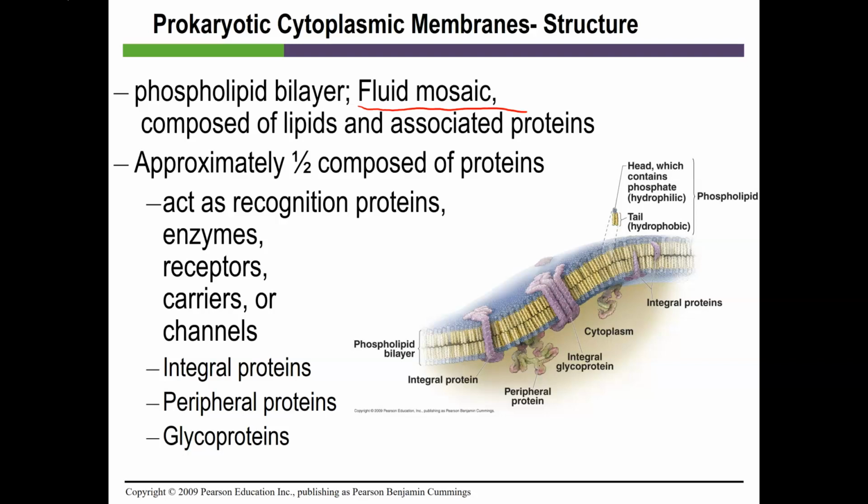The phospholipid bilayer is comprised of those phospholipids with the fatty acid tail ends facing each other. Remember what we talked about in the chemistry section in the last chapter? The fatty acid tails are facing each other. They're hydrophobic. The head groups, the phosphate groups, are facing the outside.